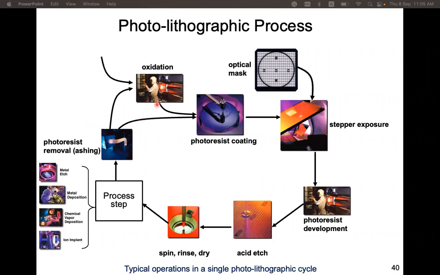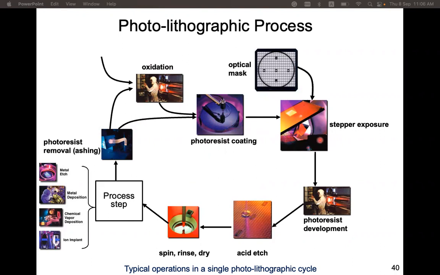A typical cycle starts with oxidation. We grow an oxide over the entire wafer. Then we coat photoresist onto the entire wafer. This is like you put some ink there.